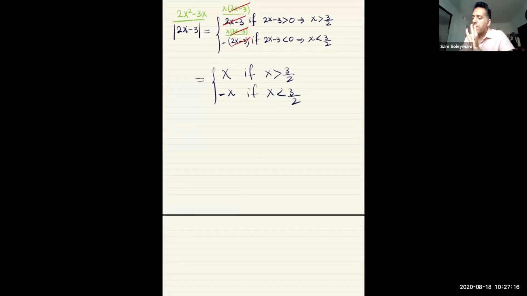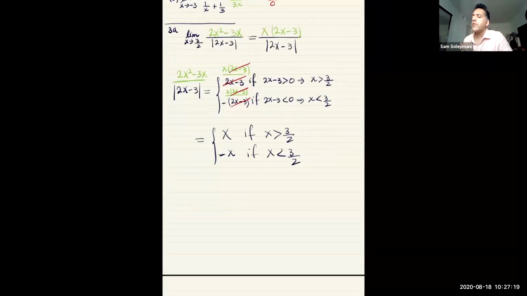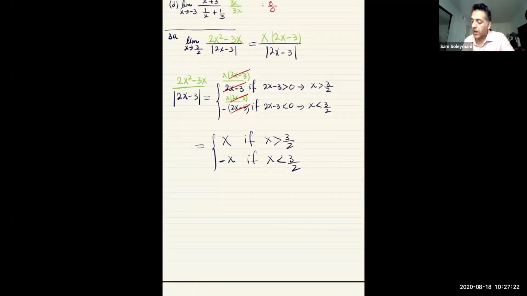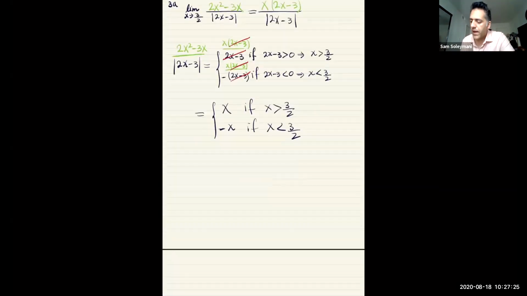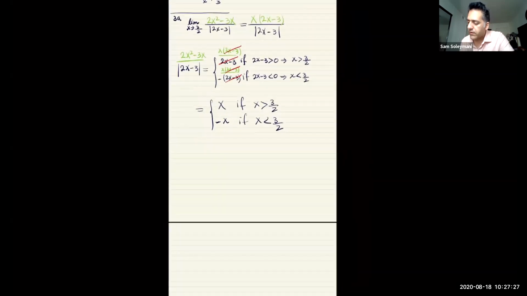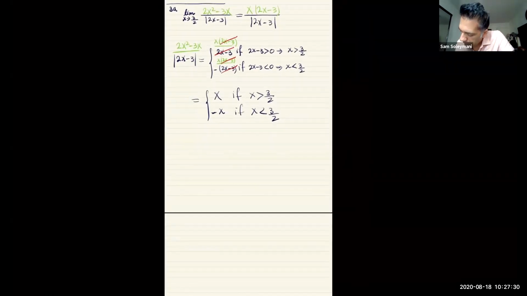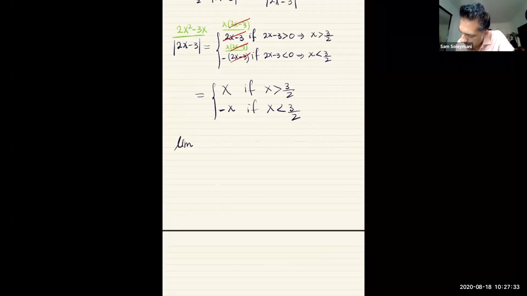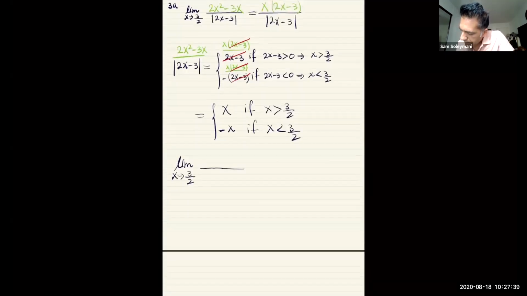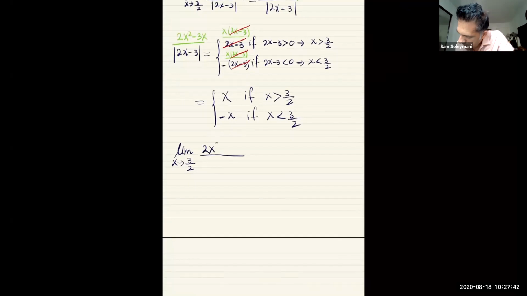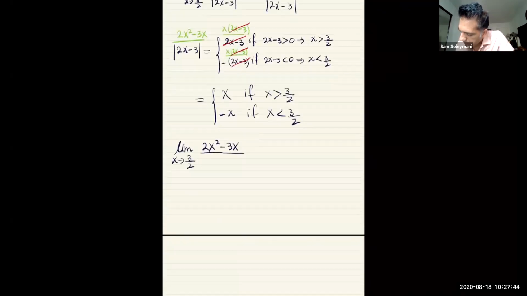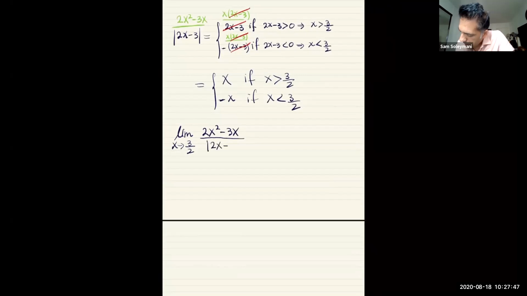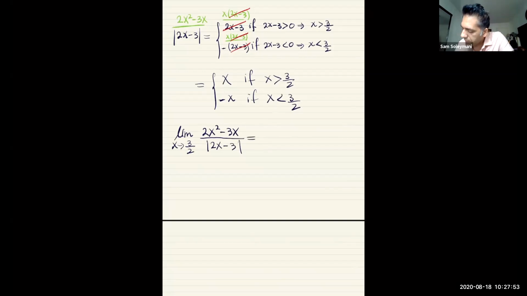So going back to that, all we just did is break the function down. Now we are going to go back to the original problem, which is asking to find the limit as x goes to 3/2 of 2x squared minus 3x over absolute 2x minus 3. In order to find the limit of a piecewise function, you need to find the limit from left and right of 3/2.